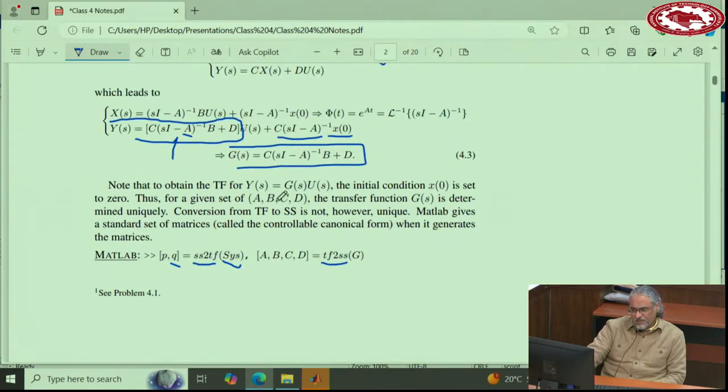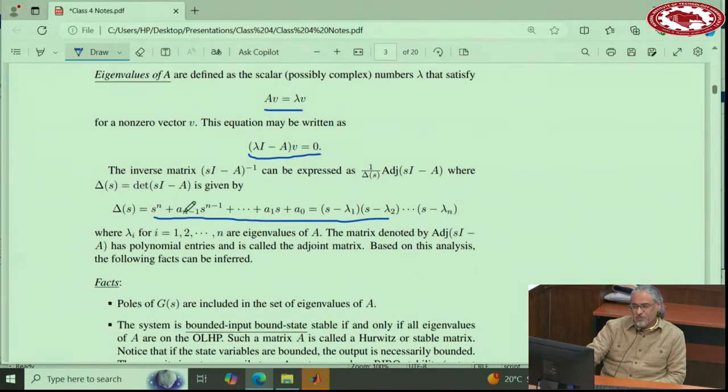Now, if you go back to the transfer function here, we have C (sI minus A) inverse B. And you all know that when you calculate the inverse of a matrix, the determinant goes to the denominator. So this polynomial goes to the denominator, and the denominator of the transfer function will be this polynomial.